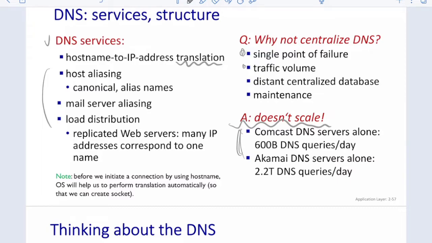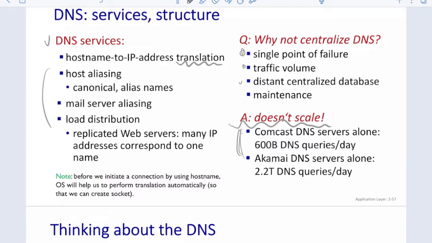That is a large amount of queries. Akamai is another CDN company, and it has 2.2 trillion DNS queries per day. So it is not possible to use a single server to provide such services.